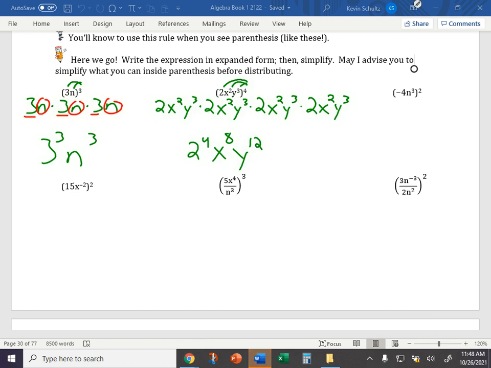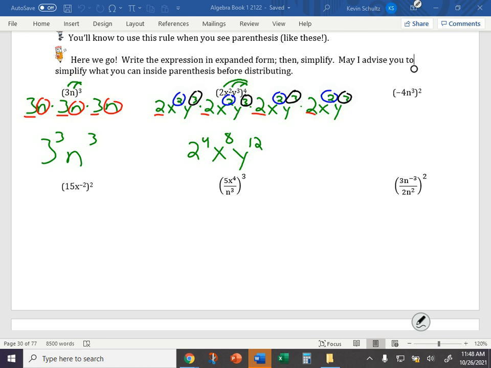How many 2's do we have? 1, 2, 3, 4. There's our 2 to the 4th, right? How many x's do we have? Well, we've got 2 here, 2 here, 2 here, 2 here, 2, 4, 6, 8. Okay, x to the 8th. How many y's do we have? 3, 6, 9, 12, and that's where y to the 12th comes from there.